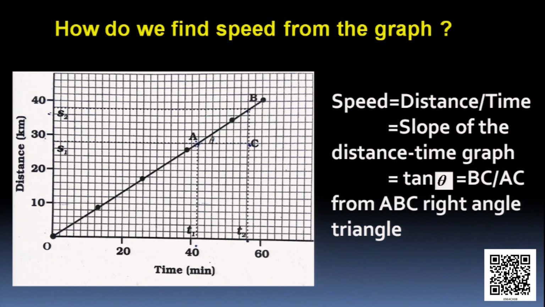Here in right angle triangle ABC, tan theta is equal to perpendicular divided by base. So what is the perpendicular in this right angle triangle? BC. BC is the perpendicular. And what is the base? AC. AC is the base of the right angle triangle ABC. So tan theta is equal to BC divided by AC.